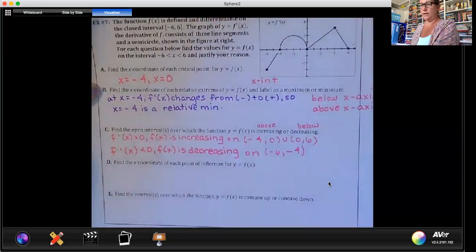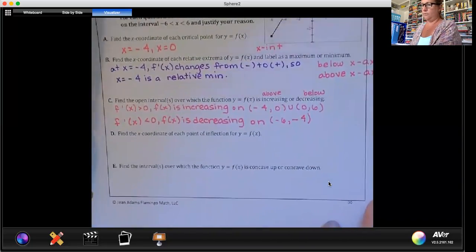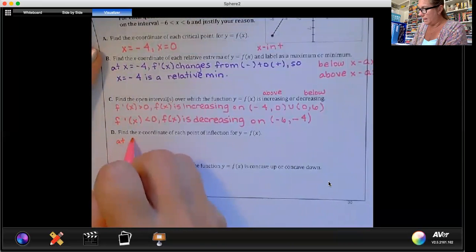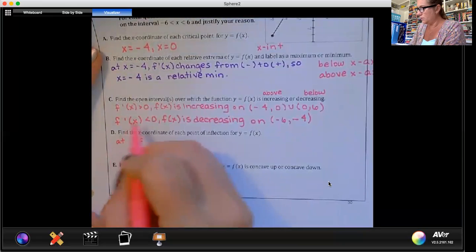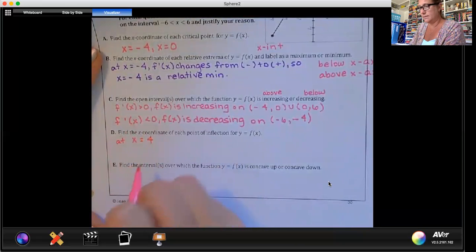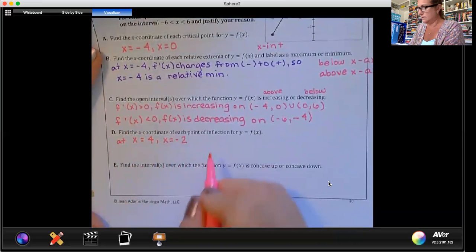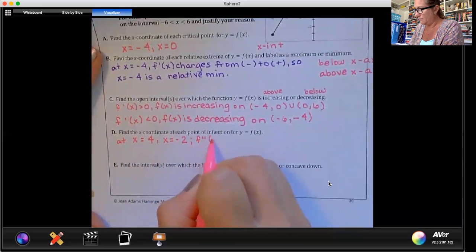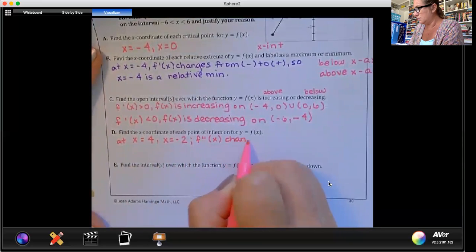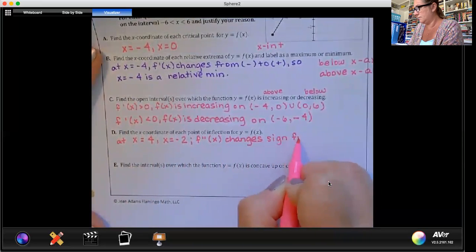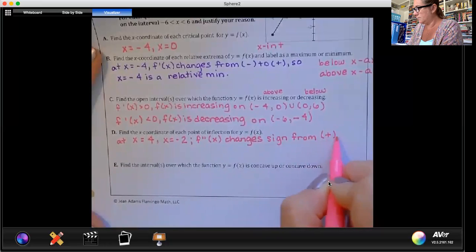Find the x-coordinate of each point of inflection. For your point of inflection, you are looking at where you're changing signs. So at x equals 4, you're changing your slope signs. And at x equals -2, you are changing your slope signs. So f double prime of x, these would be your tangent lines for f prime, changes sign from positive to negative.